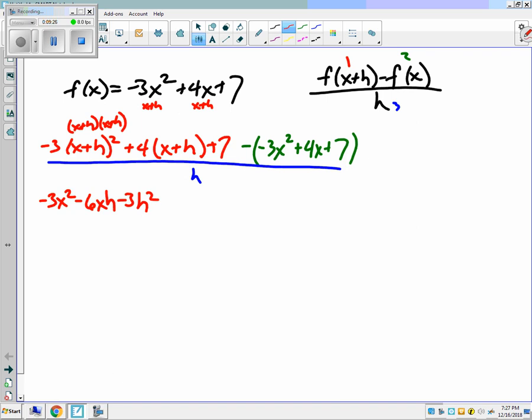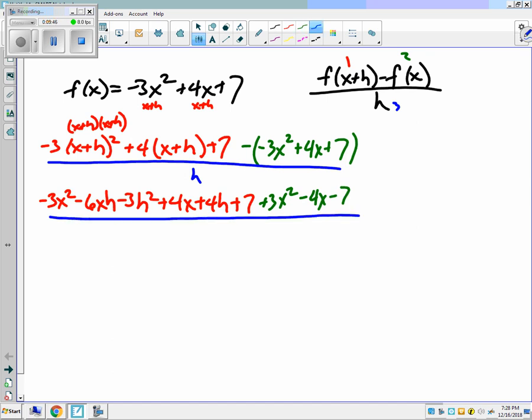That's what it would give me if I FOIL that and distribute a -3. Plus 4x plus 4h plus 7. Distributing through the negative, plus 3x squared minus 4x minus 7. It's still all over h.